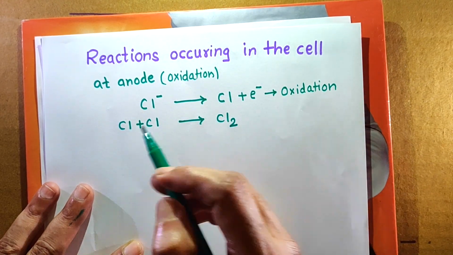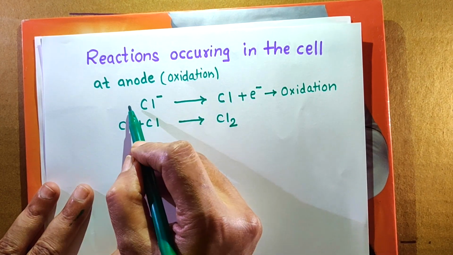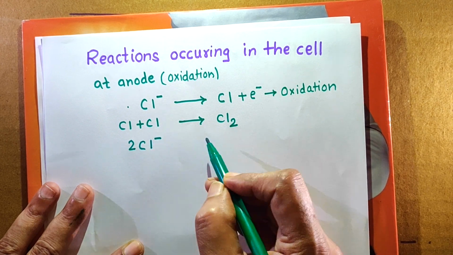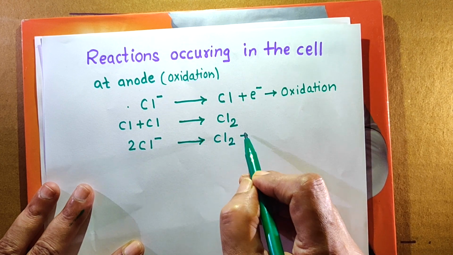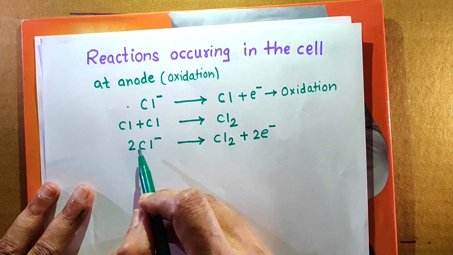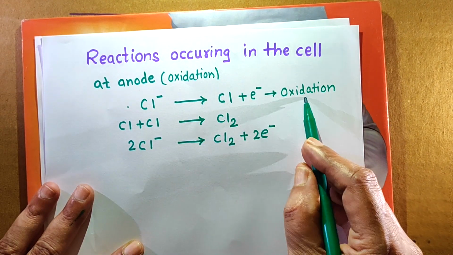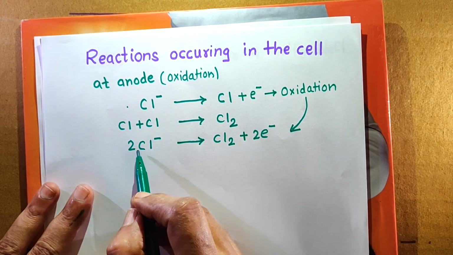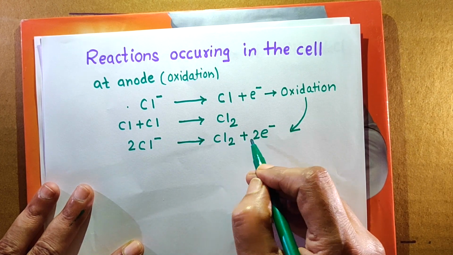So the actual reaction which takes place at anode is 2 Cl minus ions converted into Cl2 molecule by losing 2 electrons.